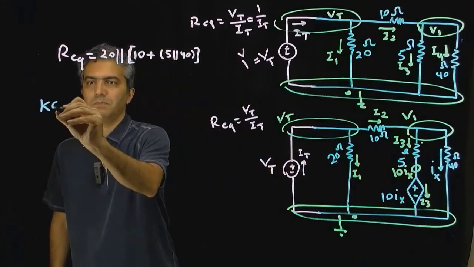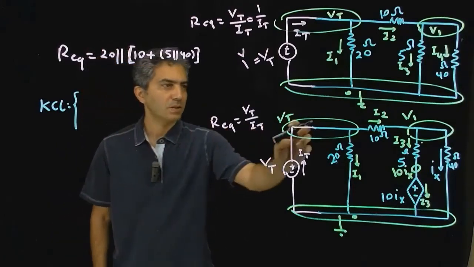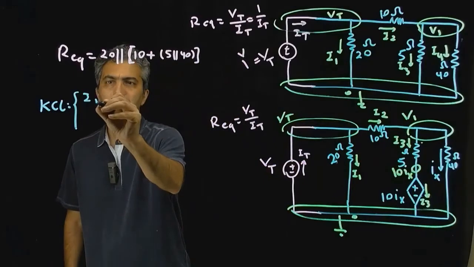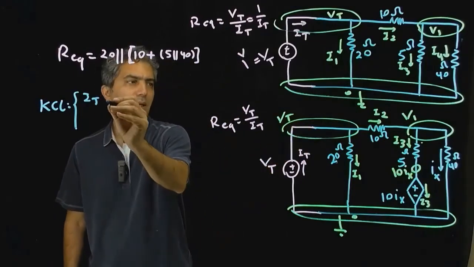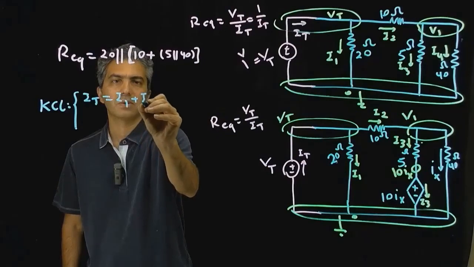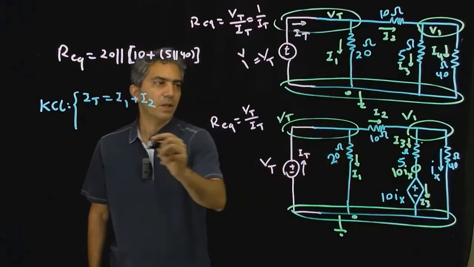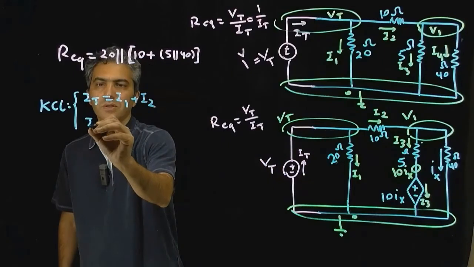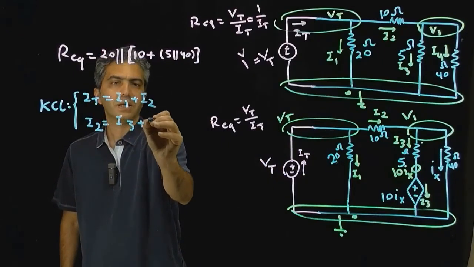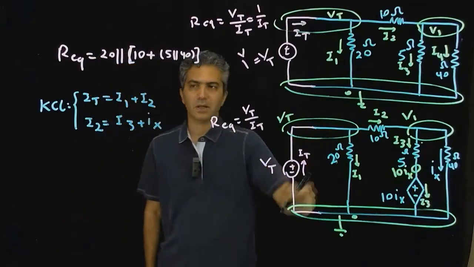So KCL, there's a KCL here, there's a KCL there. IT is going to this node, and I1 and I2 are leaving that node. For this one, I2 is going into that node, and I3 and Ix are leaving that node.